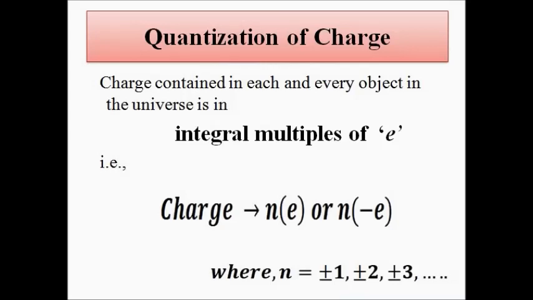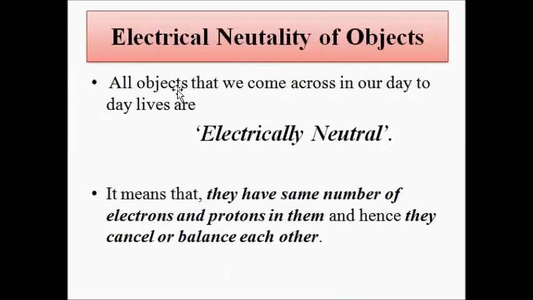Now another important concept is the electrical neutrality of objects. Most of the objects that we come across in our daily lives are electrically neutral. What it means is that they carry no positive or negative charge in excess. They have the same number of electrons and protons in them, so the net charge cancels or balances out.